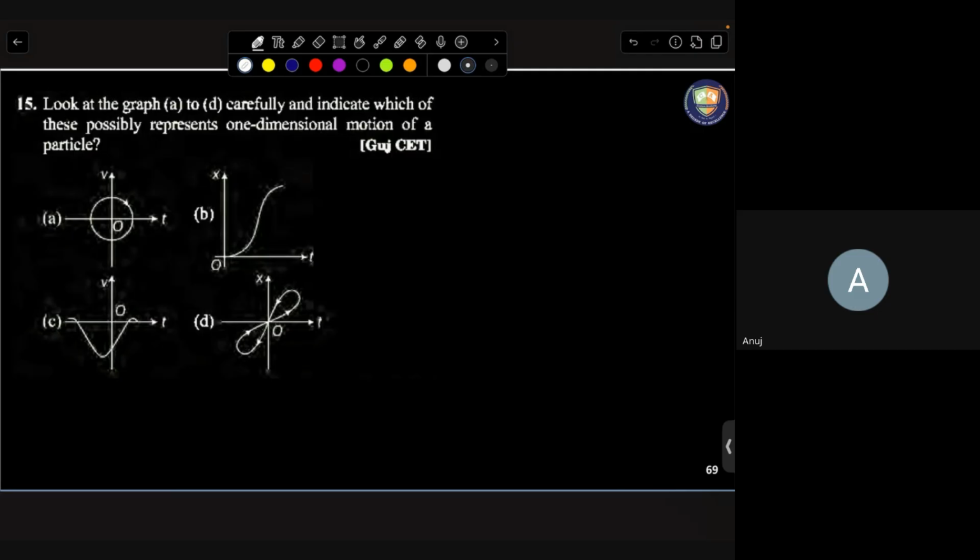B. Yeah, B is the correct one. I think all of you got it correct, because it's very clear that at any instant, if you are saying it's one dimension, we cannot have two directions. So the first one is wrong. This is wrong. This is wrong. And speed cannot be negative. So this is wrong. So this one is the correct one.